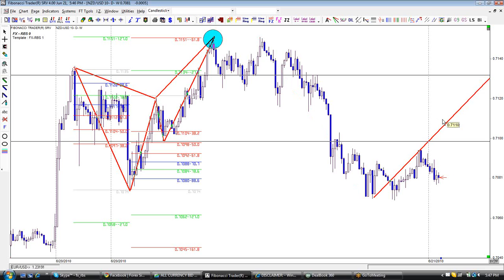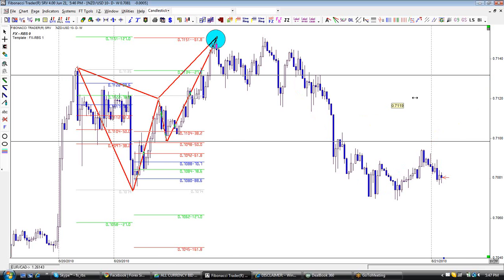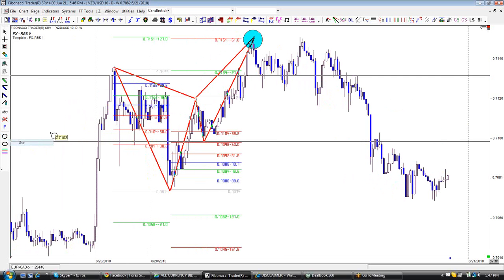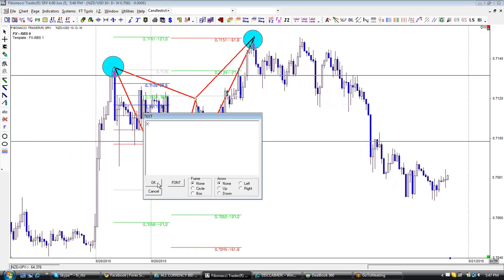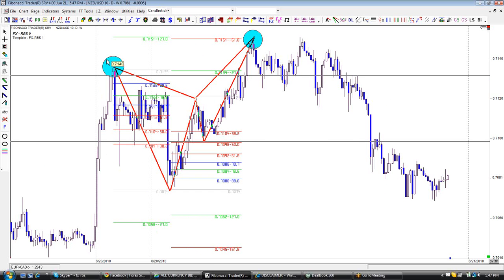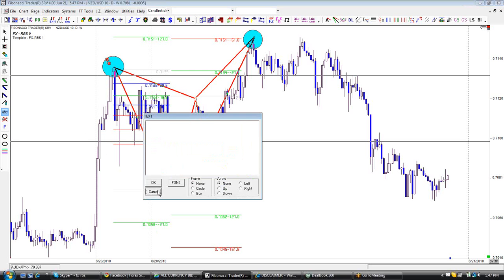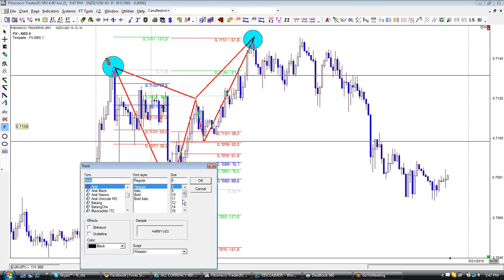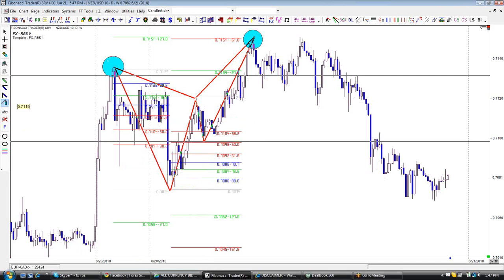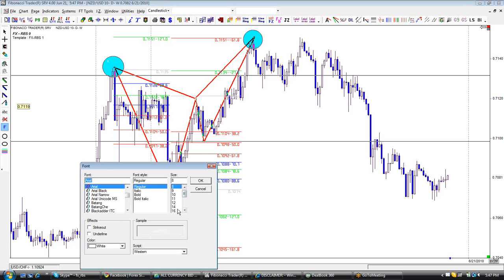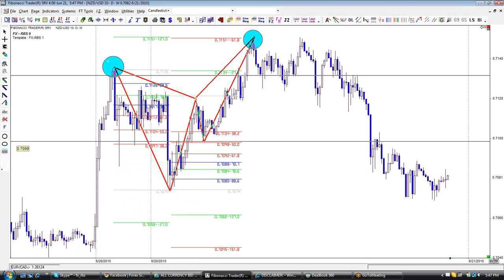Well, what do we see? Here, this is the right shoulder. Oh, this is also the X. Just give me a second. I want to make those letters a little bigger.